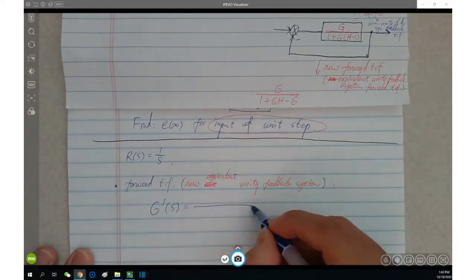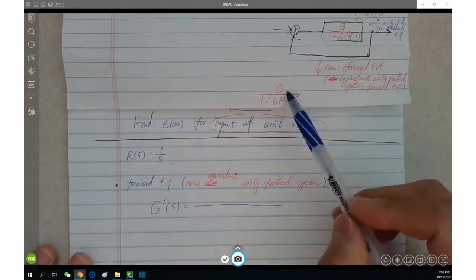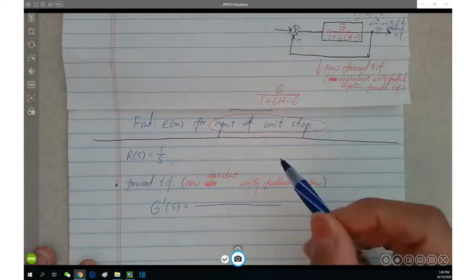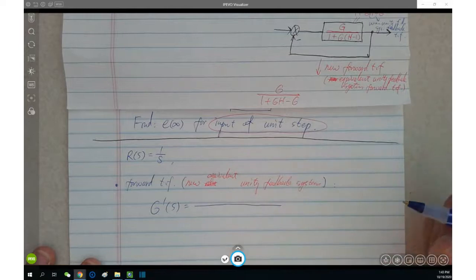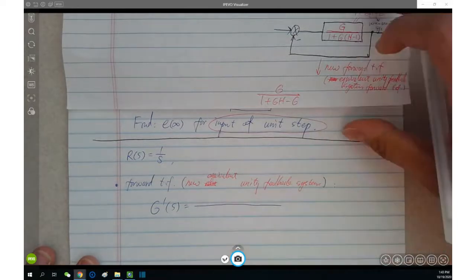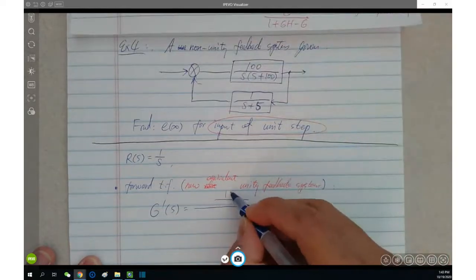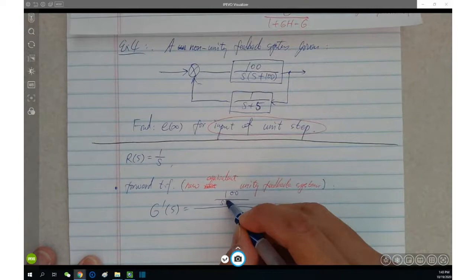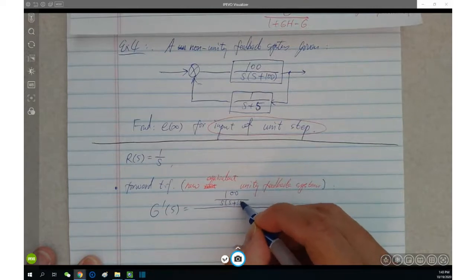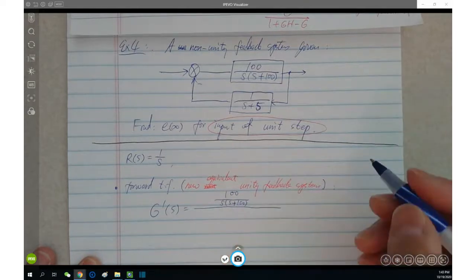Well, we have a formula here. It equals the original g over 1 plus g h minus g, right? So the numerator is the original g. Who is the original g? Is this guy, right? Just the 100 over s times s plus 100. This is the original g.